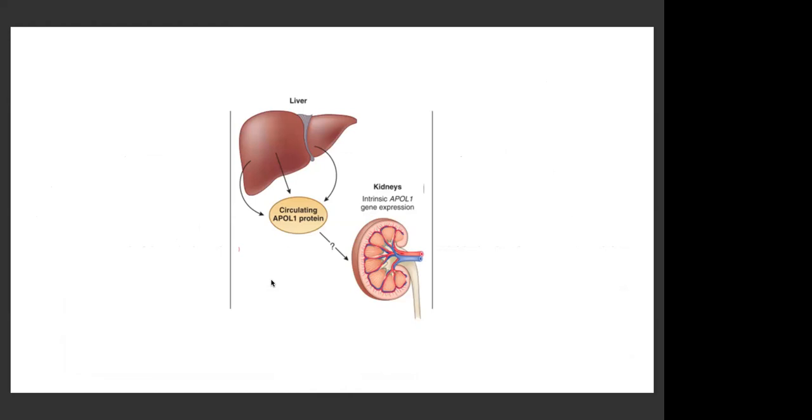But secretion of APOL1 by the kidney is not validated to date. So it is expected that only the liver produces the APOL1 which is doing all these functions, and the APOL1 which is expressed inside the kidney is associated only with kidney failure or kidney diseases.